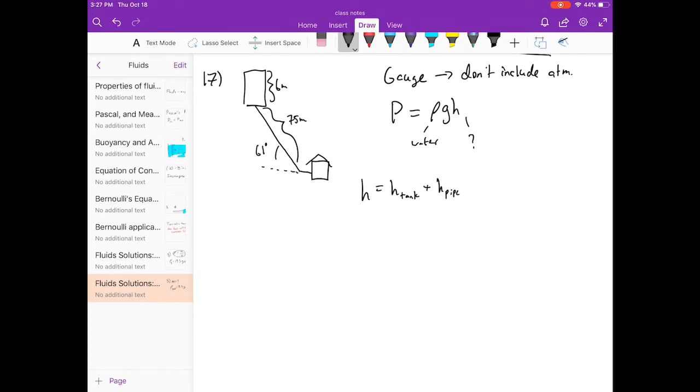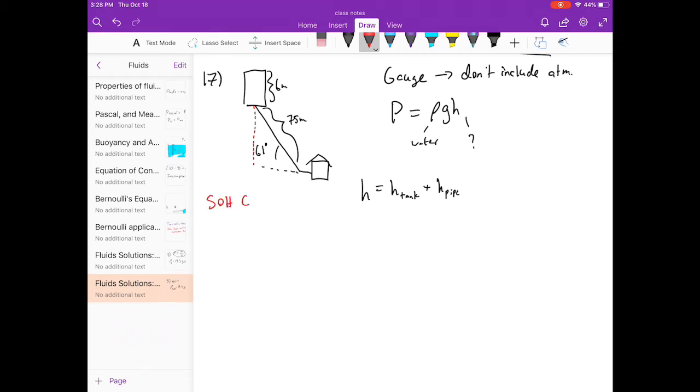We need the actual height of the fluid above the ground point. The pipe does not sit 75 meters above the ground. It sits a little bit less than that. We need to find the vertical component of that 75, because that's going to tell us the true height of the tank.